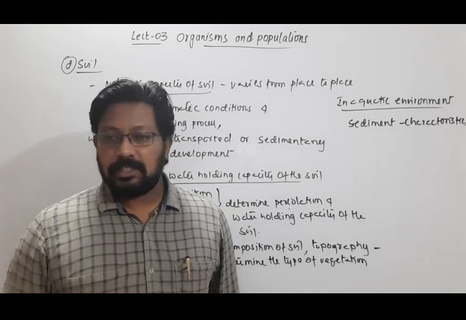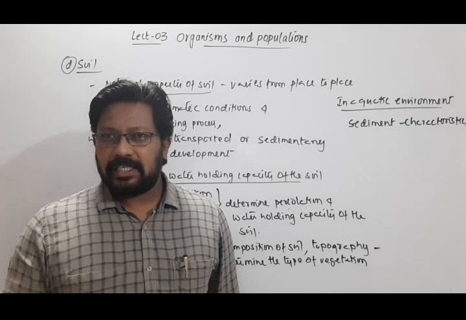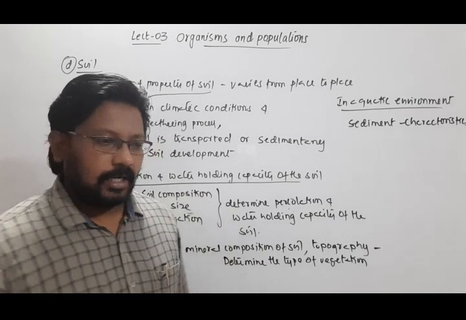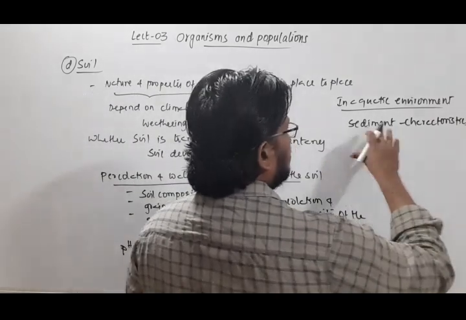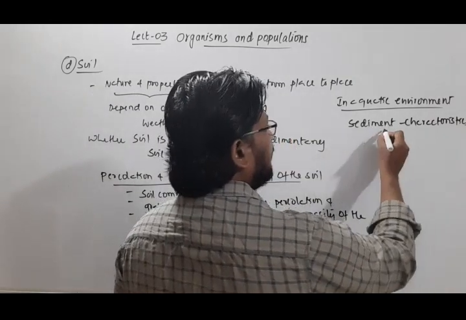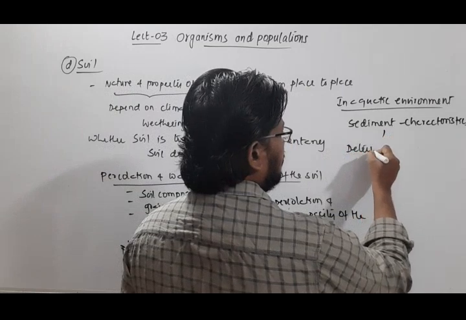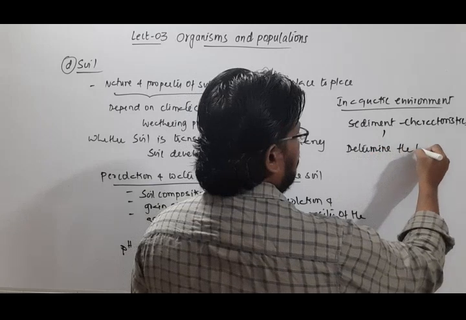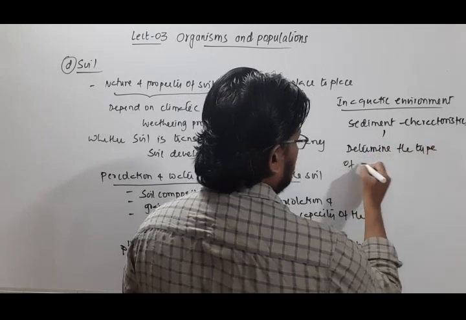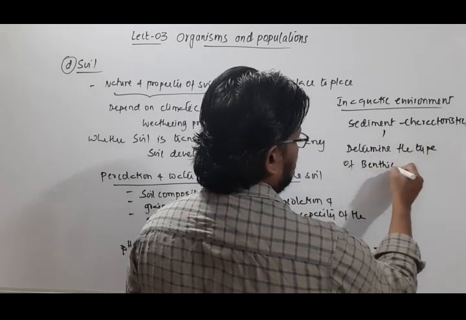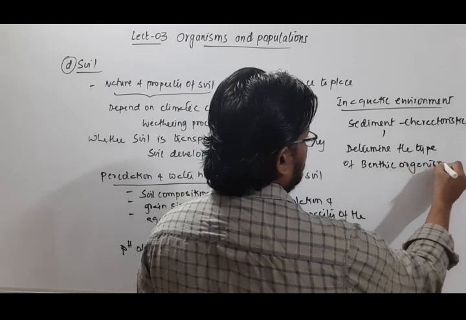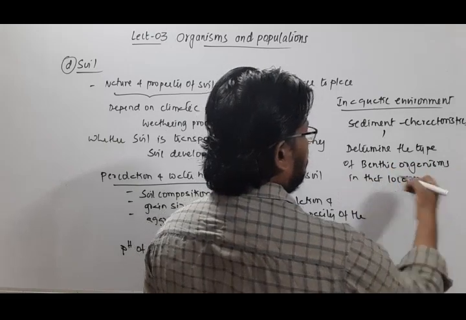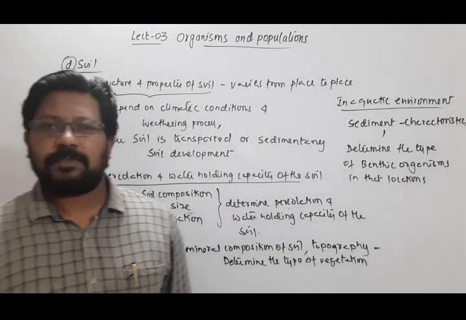Of course, in the rivers also, whatever sedimentation we see at the bottom of the lake, pond, and rivers, these sediment characteristics will determine the type of benthic organisms in that location.